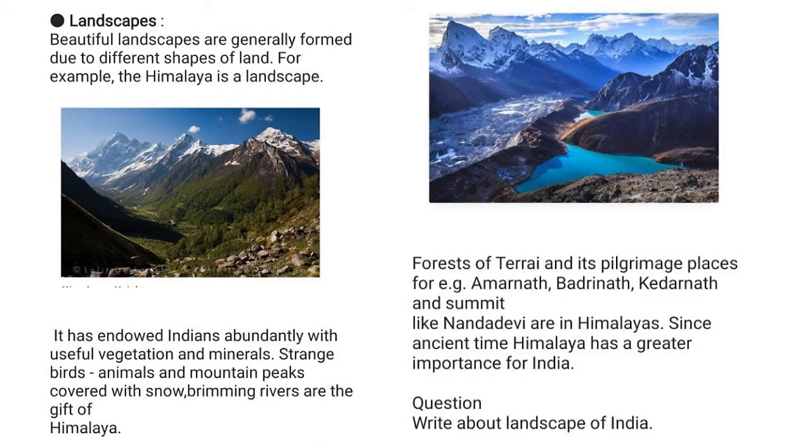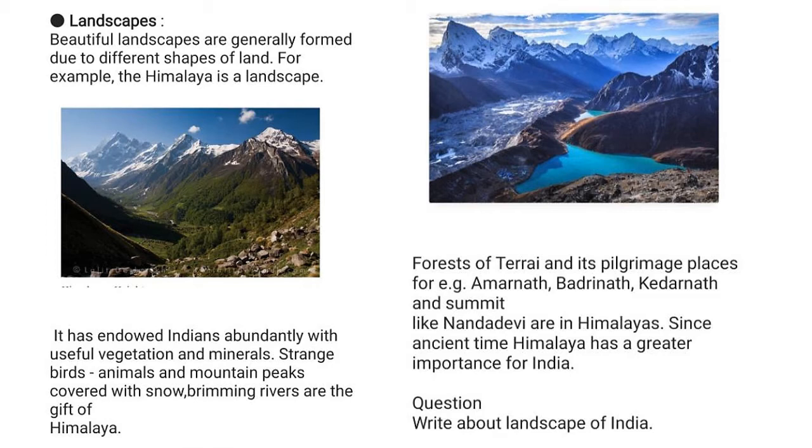We will discuss now about landscape. Beautiful landscapes are generally formed due to the different shapes of land. So students, we have discussed this in standard 9, in chapter number 14 of physiography. See, landscapes include mountains, plains, plateaus. These all come in the category of landscape, and are formed by the different shapes of land.